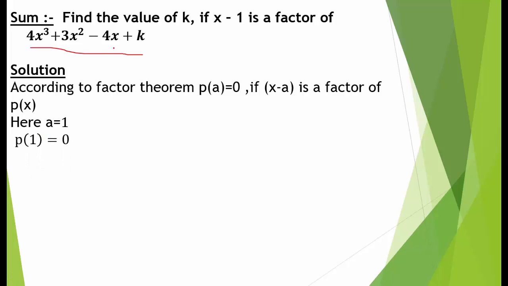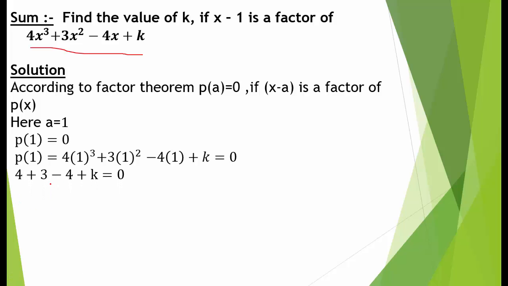Now, find the value of p(a), meaning the value of the polynomial at 1. Replace x with 1, you will get 4 into 1 cube plus 3 into 1 square minus 4 into 1 plus k. This will become 4 plus 3 minus 4 plus k equals 0. This will get cancelled out and k will be minus 3.